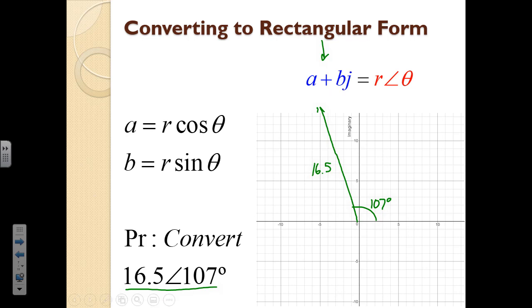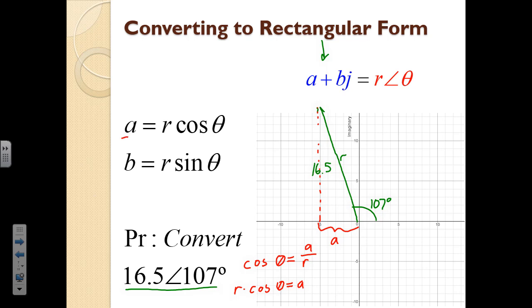So to figure out what the real part is, we need to figure out what our A value is. Since our magnitude is represented by R, we could certainly say, based on our angle, that the cosine of our angle is the adjacent side, which is A, over our hypotenuse, which is R. With a little bit of rearranging, multiply both sides by R, and we can see that R times the cosine of theta is going to be our A value.